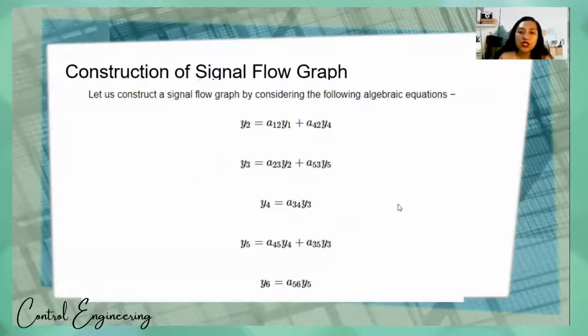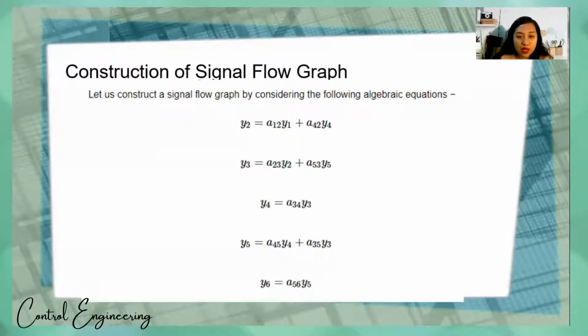This is the construction of the signal flow graph. Let us construct a signal flow graph by considering the following algebraic expressions. Y sub 2 is equal to A sub 12 Y sub 1 plus A sub 42 Y sub 4.